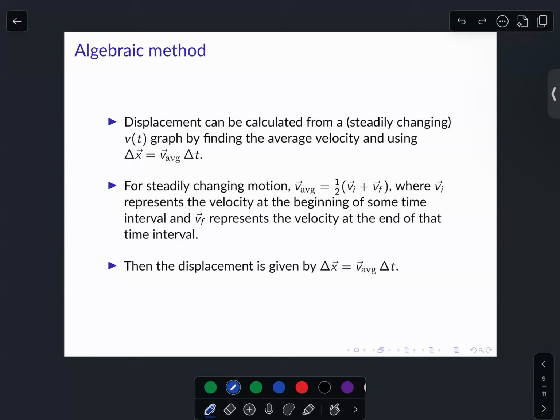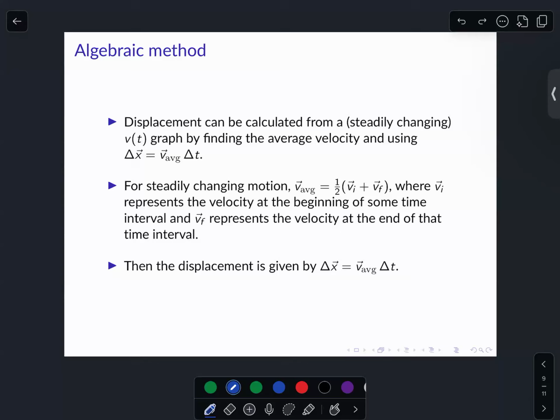Okay, that said, we're not just doing conceptual physics. This is not 101. We are also talking about math and calculation and how to predict the result of an experiment. You need to be able to go from a velocity graph when velocity is non-constant and get a displacement. Integrate. If you've taken calculus, we're going to do the integral.